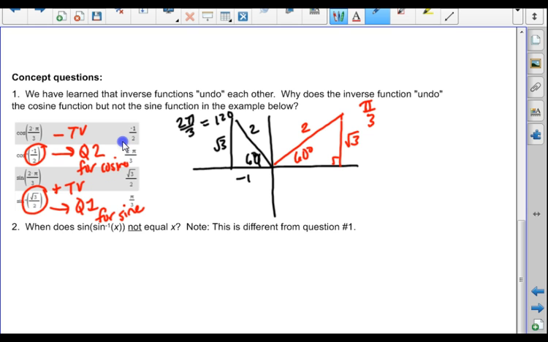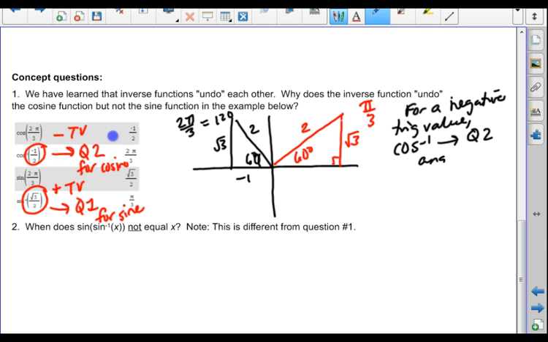However, 2 pi over 3 is in the range of inverse cosine. So after saying all that, what would I write down? I would say that for a negative trig value, inverse cosine is going to give me a quadrant 2 angle.